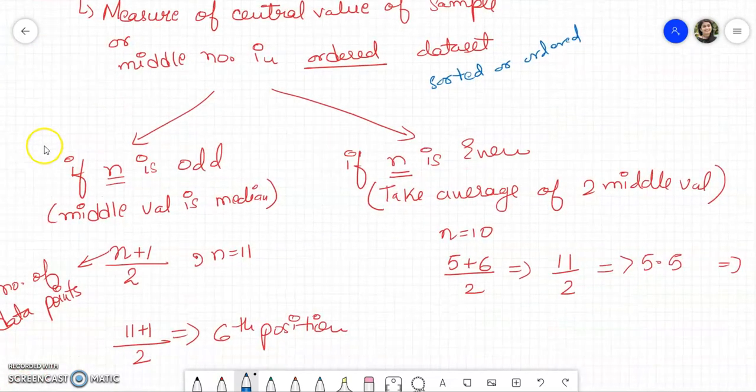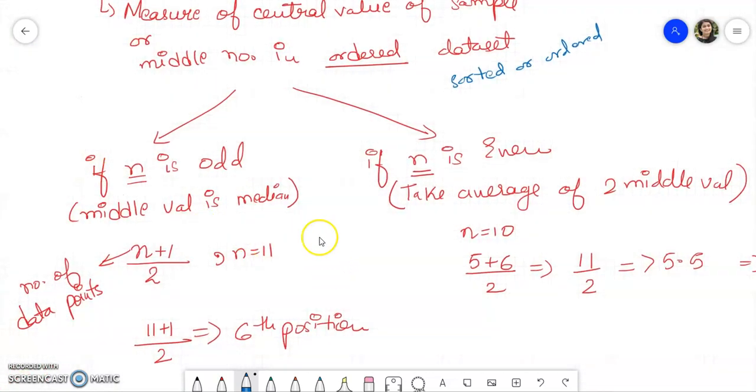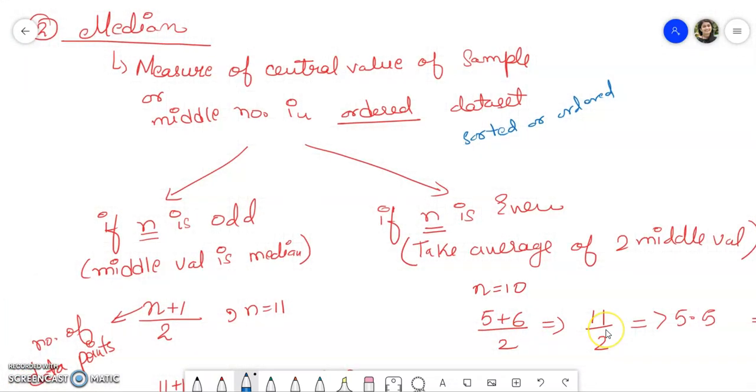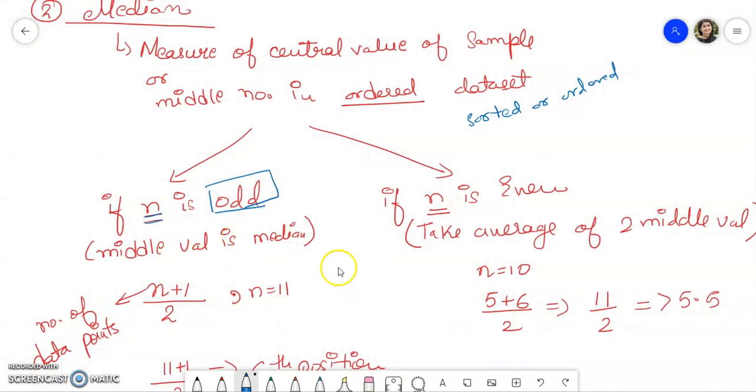Then again, there are two ways to calculate a median. It depends on the n value, where n is the number of data points. If the number of data points is odd, then the median is the middle value.